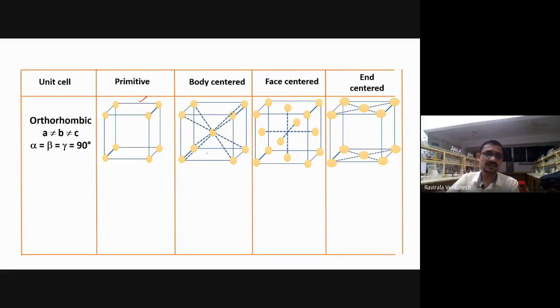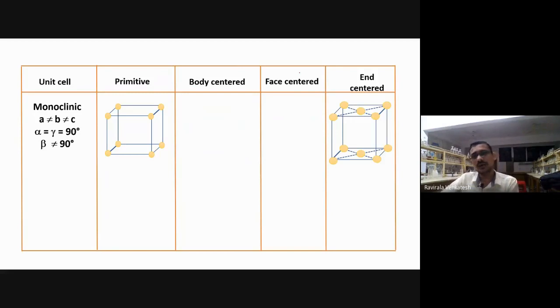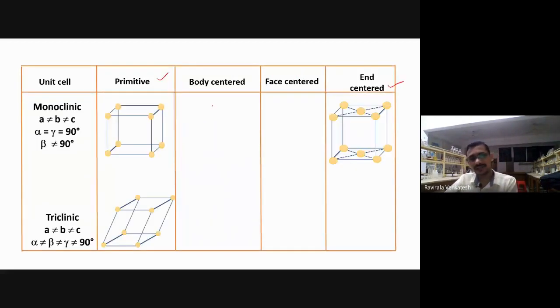All types are possible in orthorhombic. Next, monoclinic: you have primitive and only end center. We can't get body centered or face centered here. Next, triclinic: we are going to get only primitive in this case.